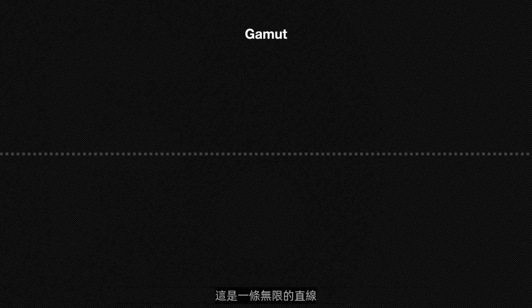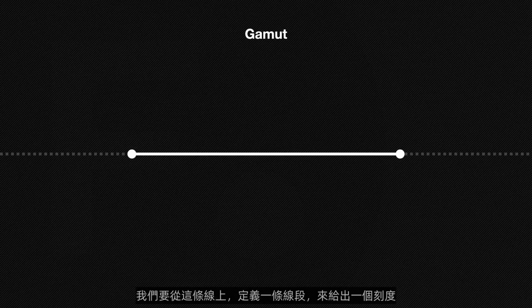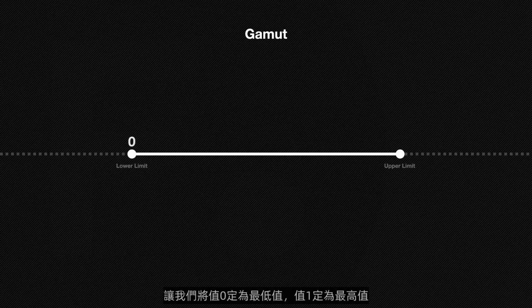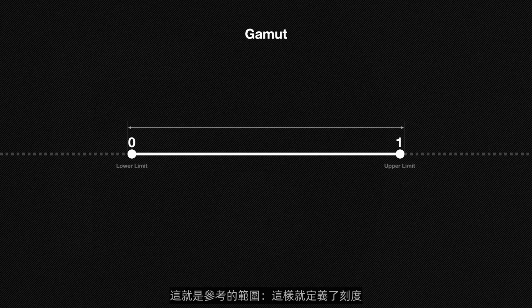This is an infinite straight line. From that line, we are going to define a segment to give us scale. So we have a lower limit and an upper limit. Let's assign value 0 as the lowest and value 1 as the highest. This is going to be our reference range.